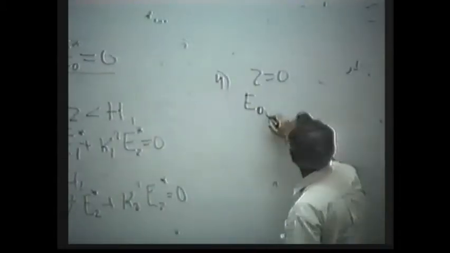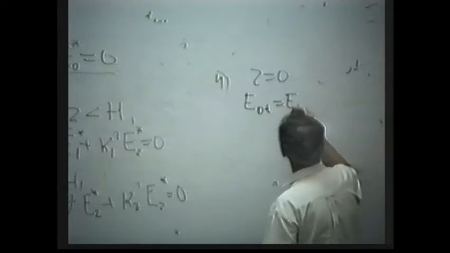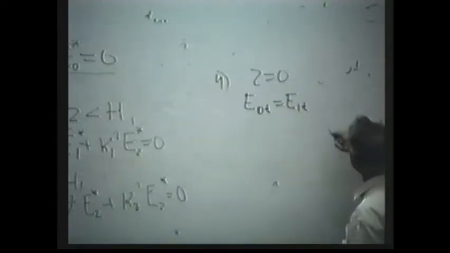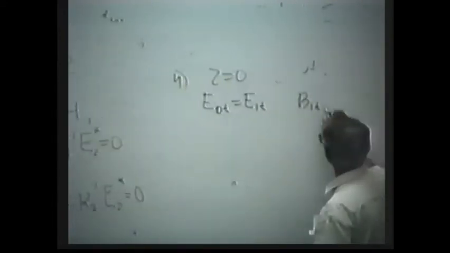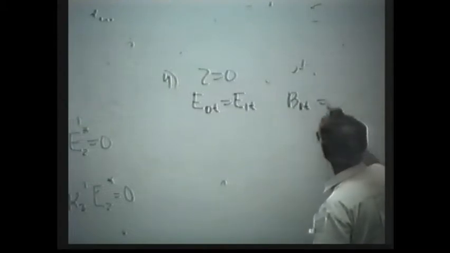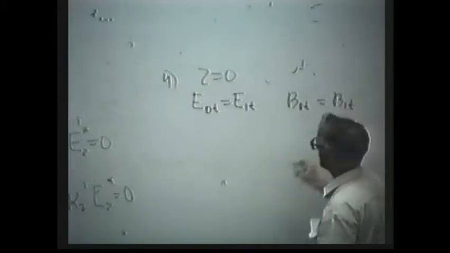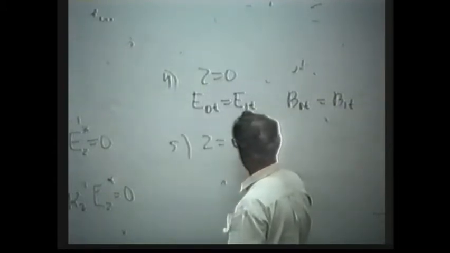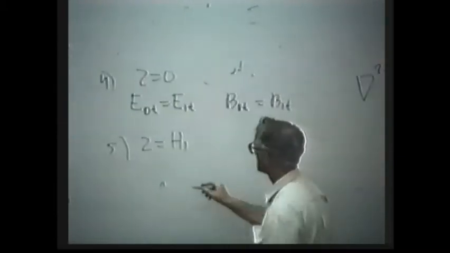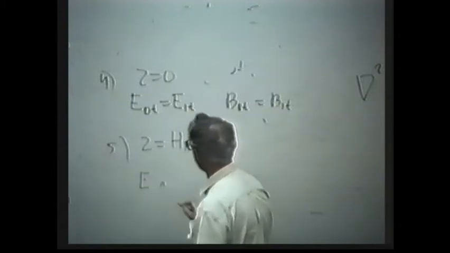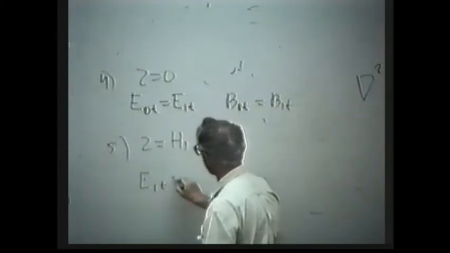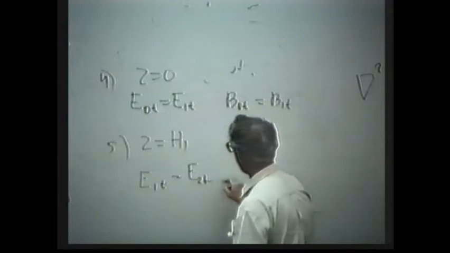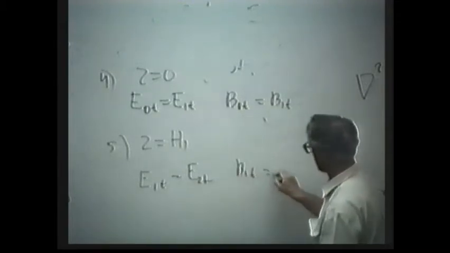So E0 tangential must be equal to E1 tangential. Magnetic field tangential must be equal B1 tangential. Those are 5 conditions. On the boundary between the first layer and the second layer, we have again the same continuity: E1 tangential must be equal to E2 tangential, and B1 tangential equal B2 tangential.